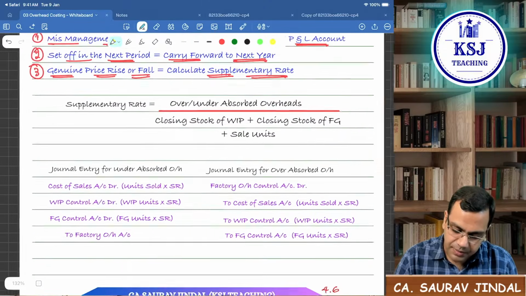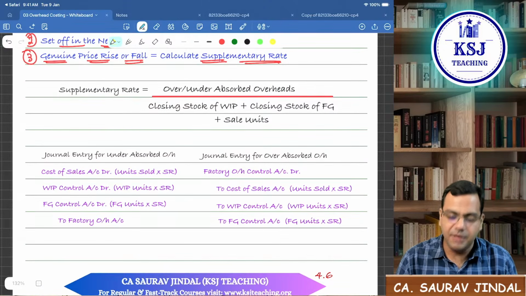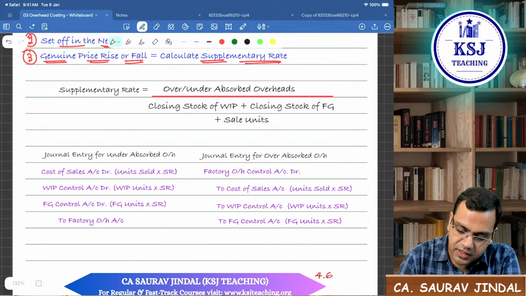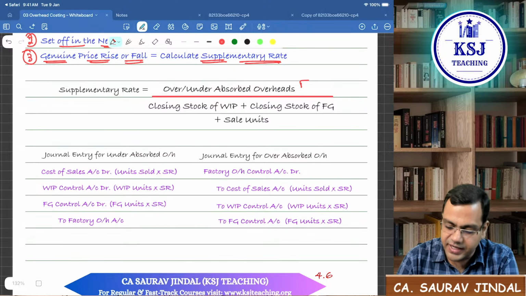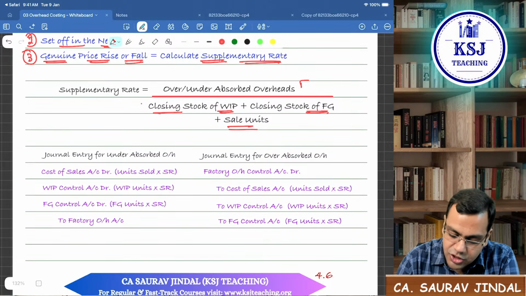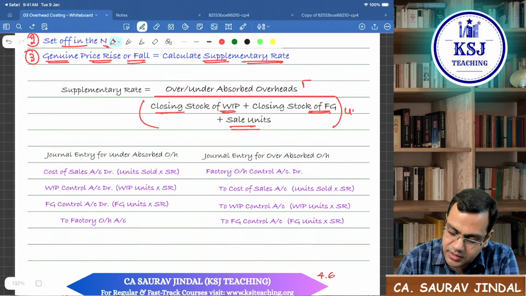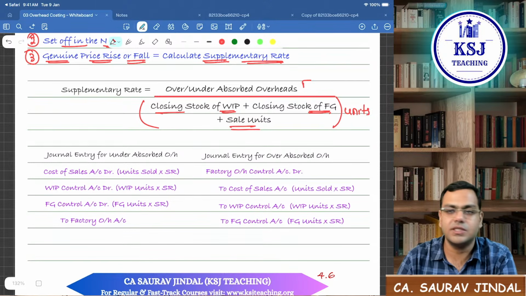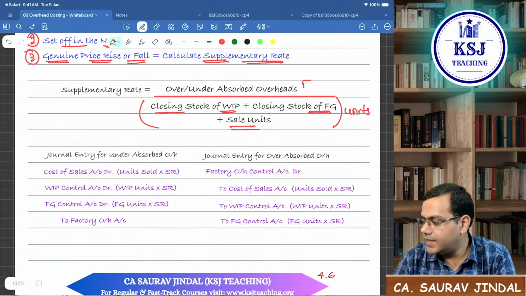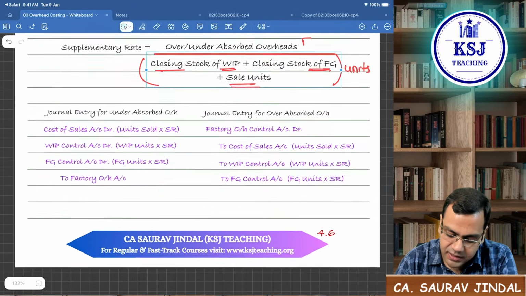The supplementary rate is the over or under absorption of overheads divided by closing stock of WIP plus closing stock of finished goods plus units sold. This is all in units. Clear? After that, we have to pass a journal entry here.